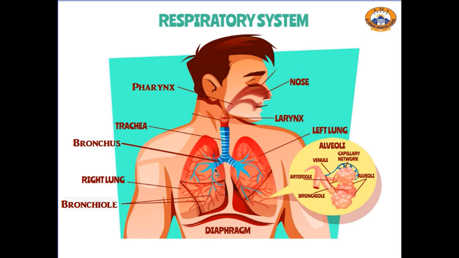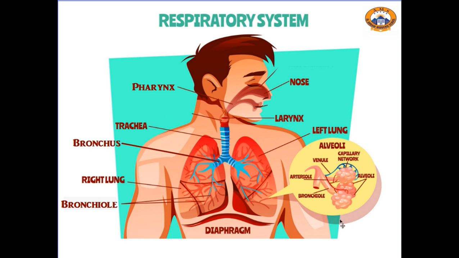Each bronchus enters a lung. How many lungs do we have? We have two lungs, right lung and left lung. So, each bronchus is divided into smaller branches inside the lungs known as bronchioles. And at the end of each bronchiole, there are very tiny sacs known as alveoli.